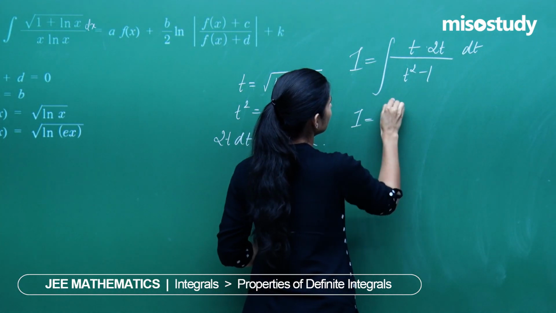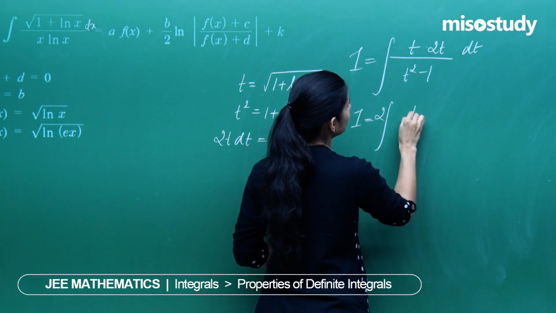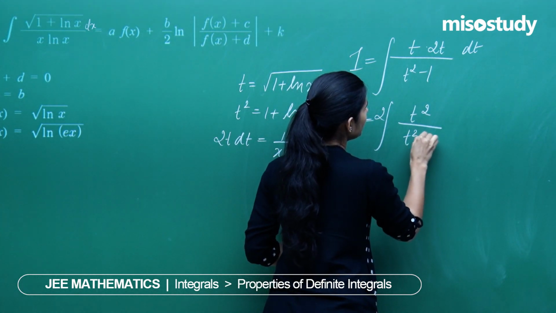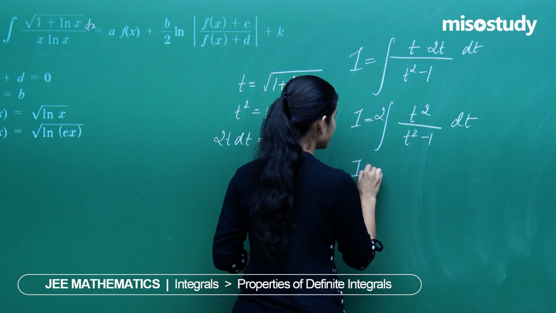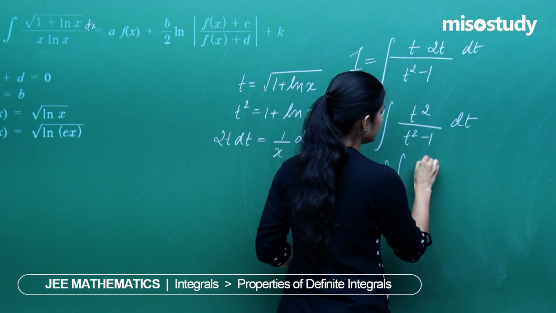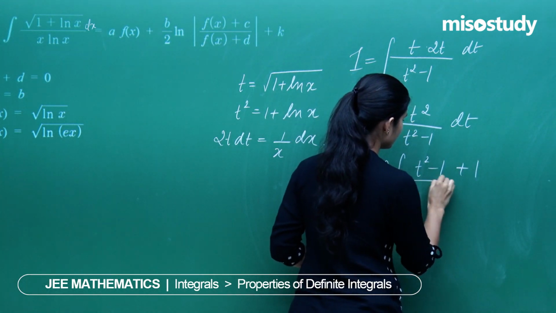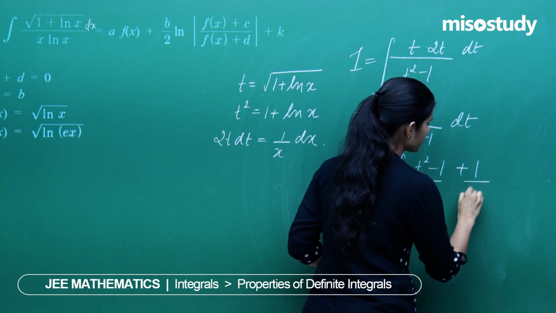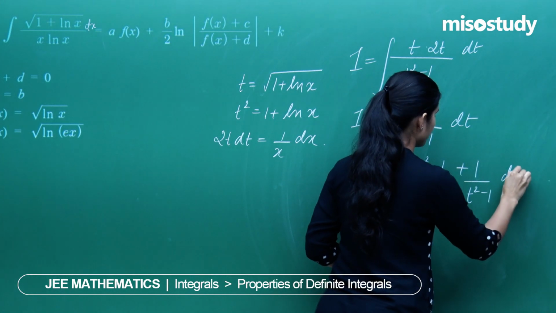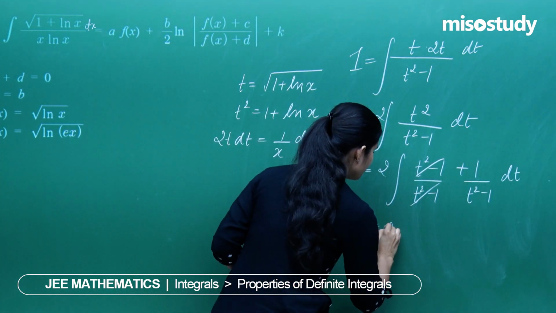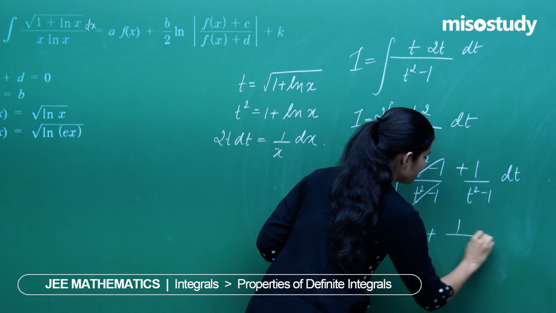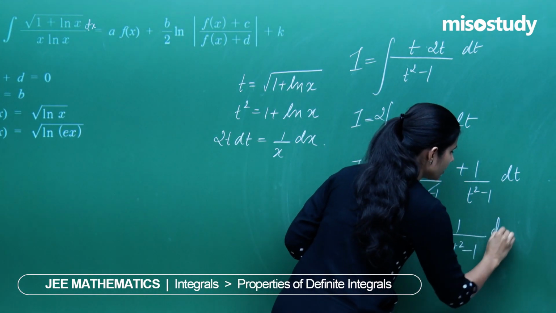So I turns out to be 2t square upon t square minus 1 dt. From here I can say I is 2 times t square minus 1 plus 1 upon t square minus 1. Obviously this gets cancelled out. You are left with 1 plus 1 upon t square minus 1 dt.